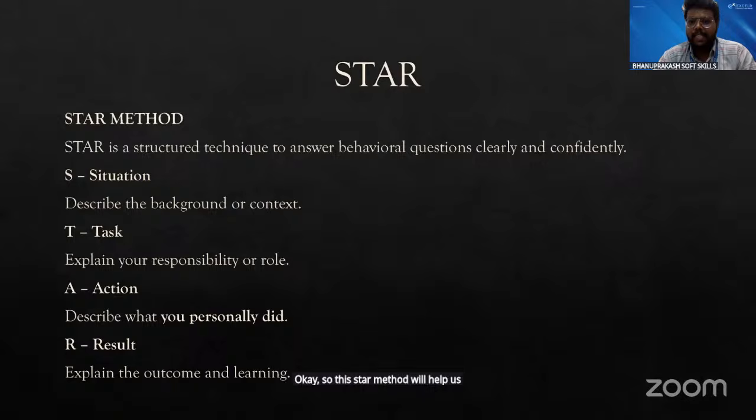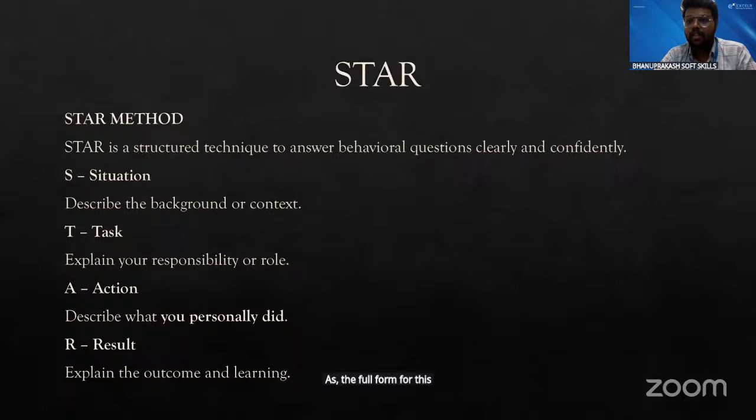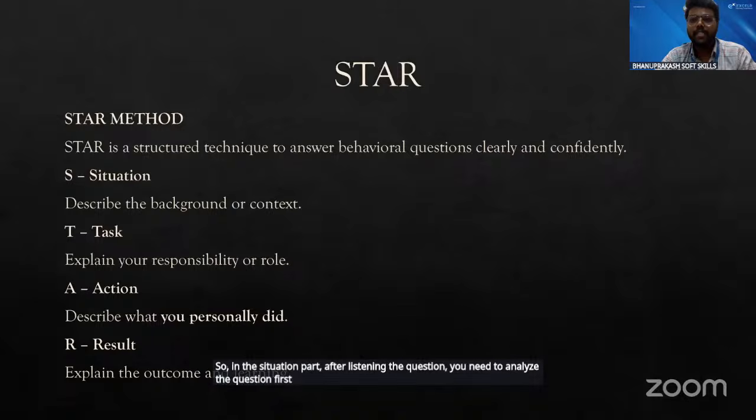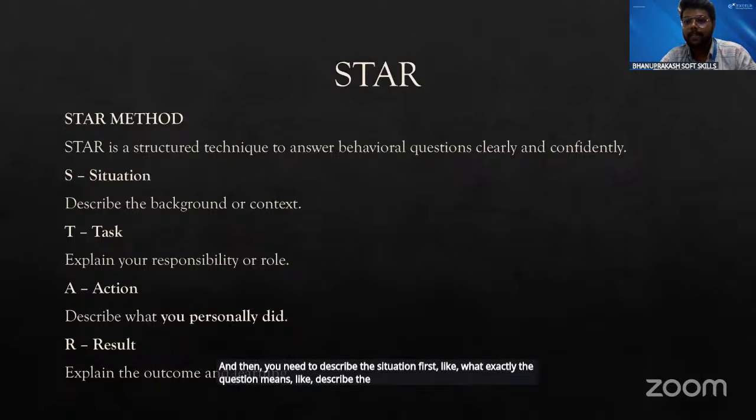So what exactly is this STAR method? STAR is a structured technique to answer behavioral questions clearly and confidently. The full form of STAR is situation, task, action, and result. In the situation part, after listening to the question, you need to analyze the question first, and then describe the situation, like what exactly the question means, the background or the context.